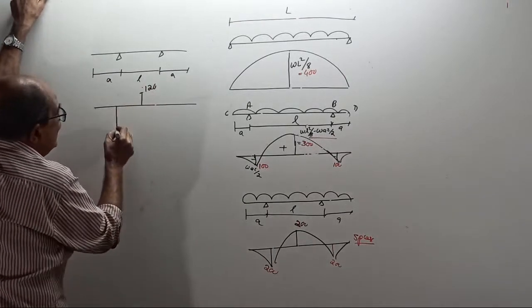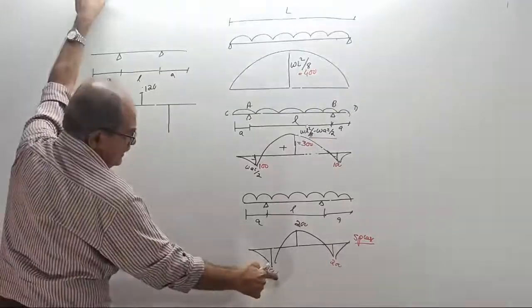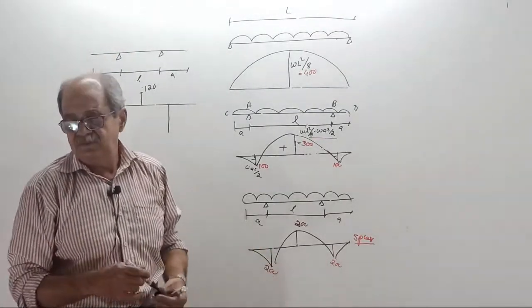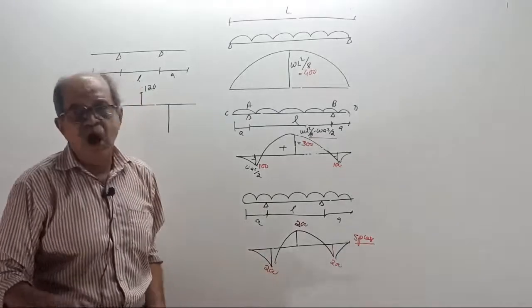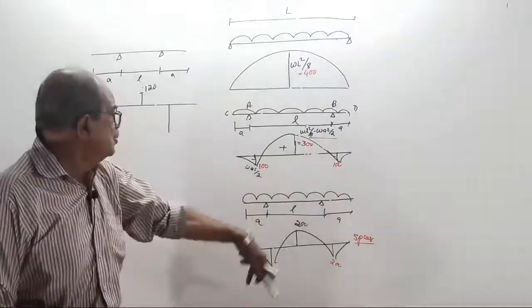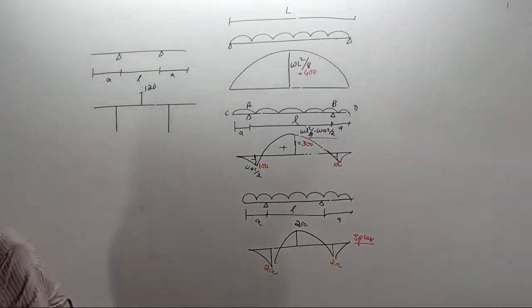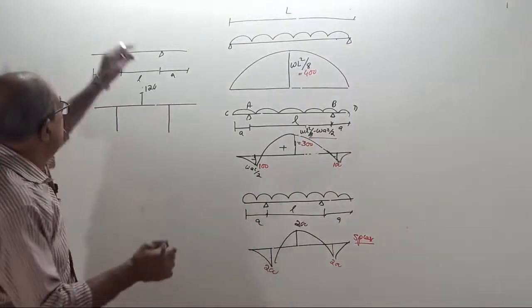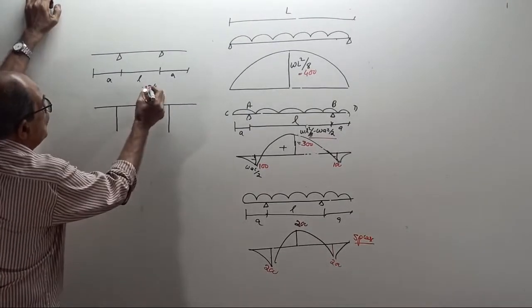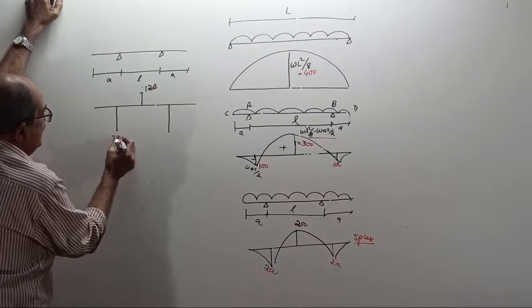But suddenly, what will happen to the hogging BM? The sagging BM will reduce. What about hogging BM? It will increase. If it is 120, this will become 380.